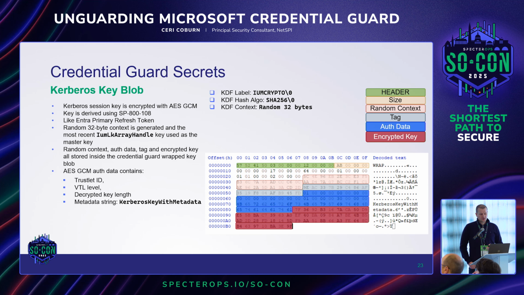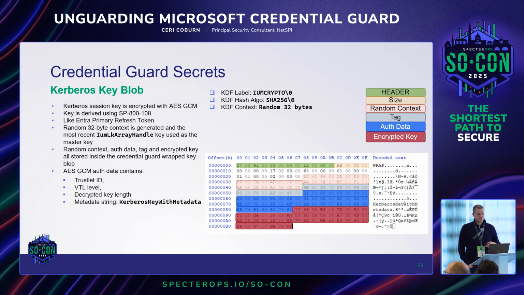For those that are familiar with PRTs, primary refresh tokens, and how they work, there's a master key, and that is derived using a context, and that key derivation algorithm is NIST's SP800-108. So you take your master key and a context, and then that will give you a derived key.